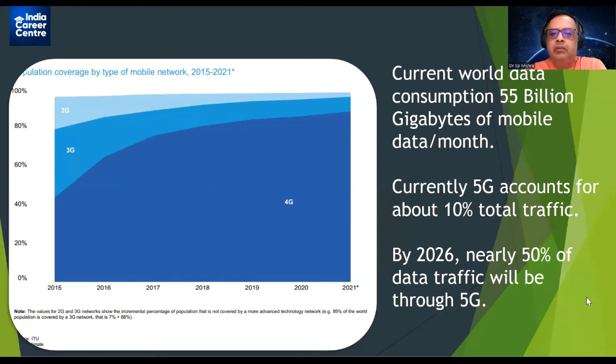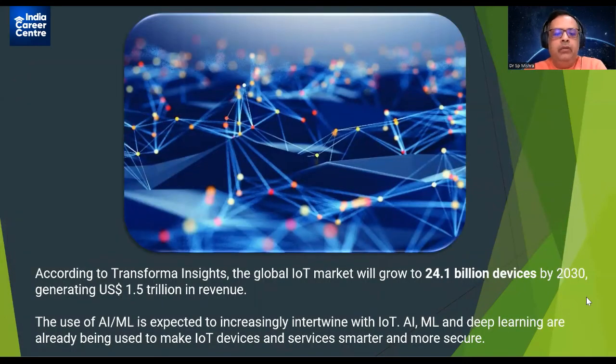It's about 10% of the total traffic, and by 2026, it is expected to have 50% of the data traffic through 5G network. According to Transforma Insight, the global IoT market will be around 24.1 billion devices by 2030, generating about 1.5 trillion US dollars in terms of revenue.